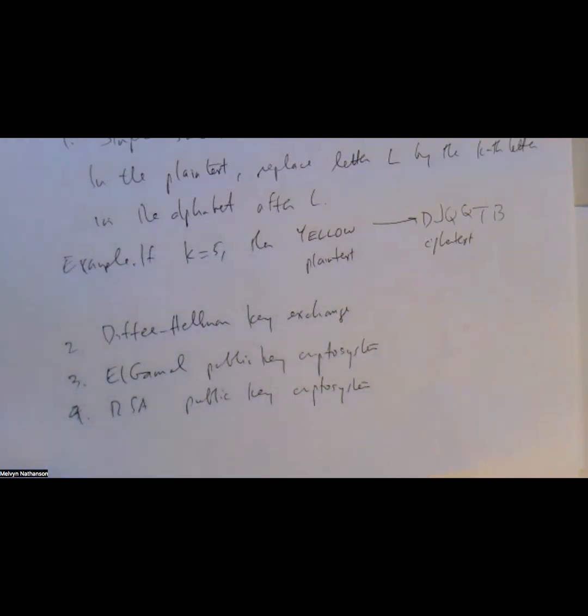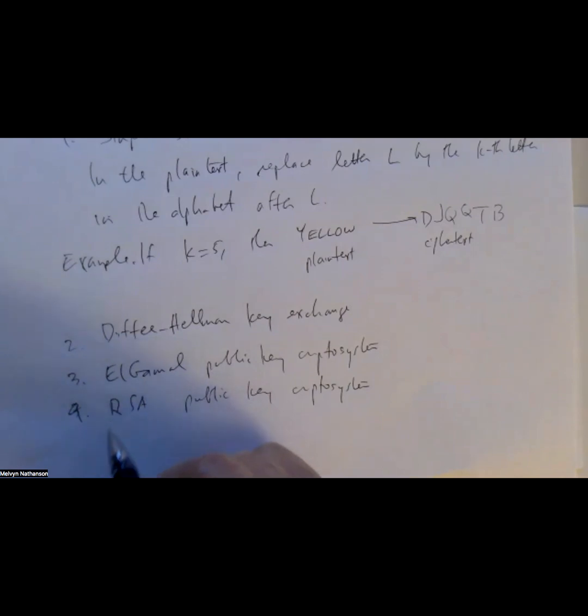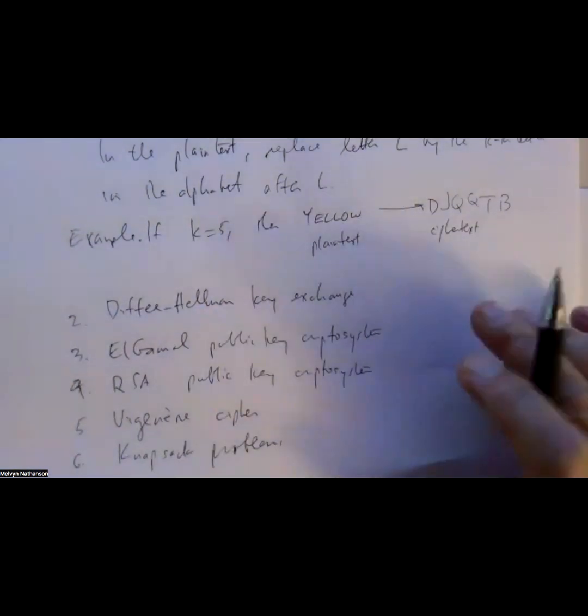In an introductory course in cryptography, it's useful to know other crypto systems and how they're analyzed. So I'm going to discuss 2 today. One is the Vigenère cipher. And the other are what are called knapsack problems. So these are the 2 new crypto systems for today.